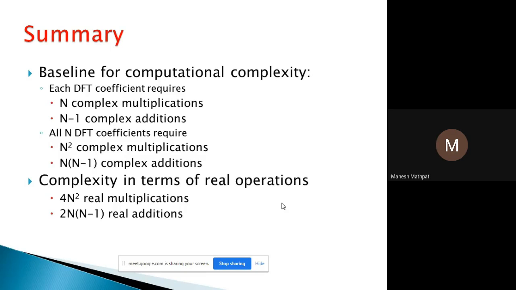Then next, write complexity in terms of real operations: 4n square real multiplications and 2n into n minus 1 real additions. Whether it is correct? 4n square minus 2n. Okay. 2n into n minus 1 real additions.